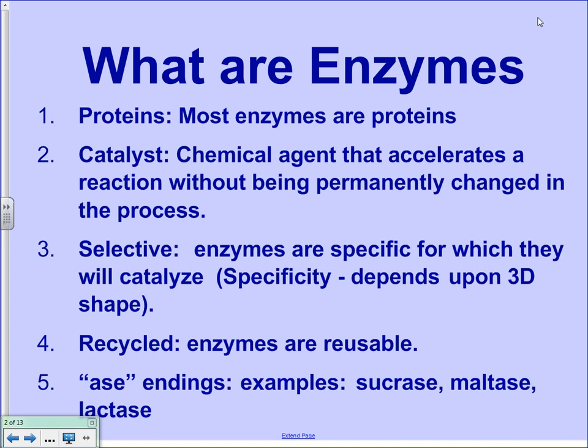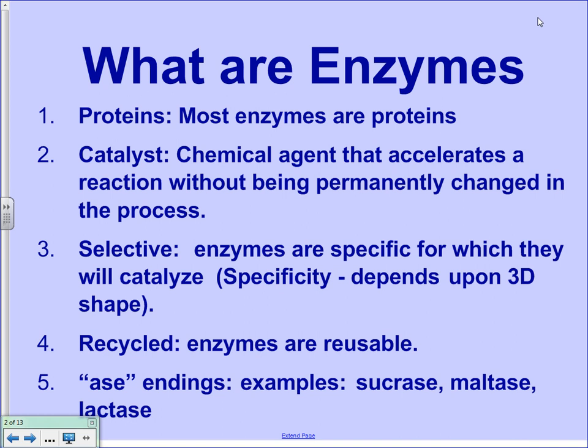Enzymes are selective, meaning that enzymes will only work on the substrates that they're specified for. And this has to do with their 3D shape. And finally, a useful way to remember enzymes is they all have an ASE ending.